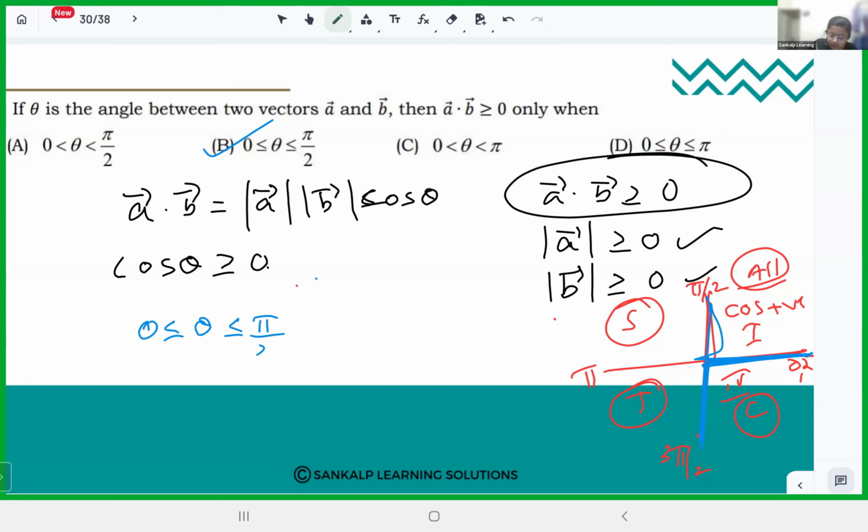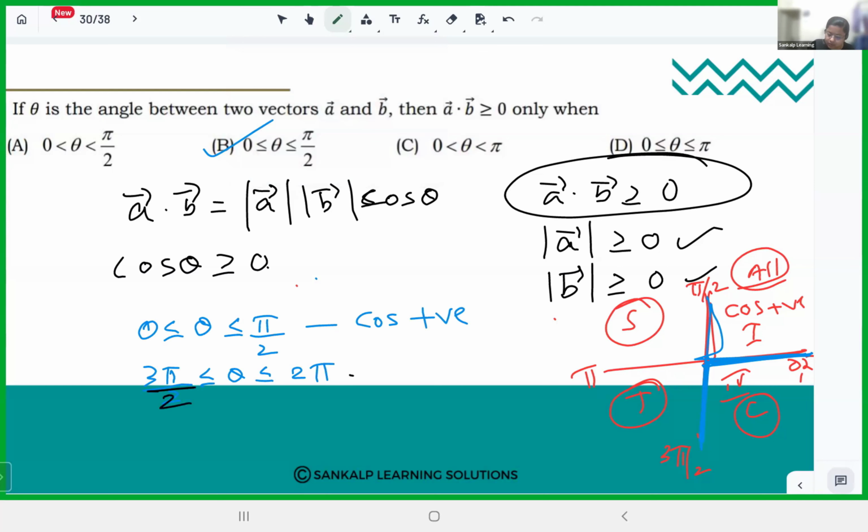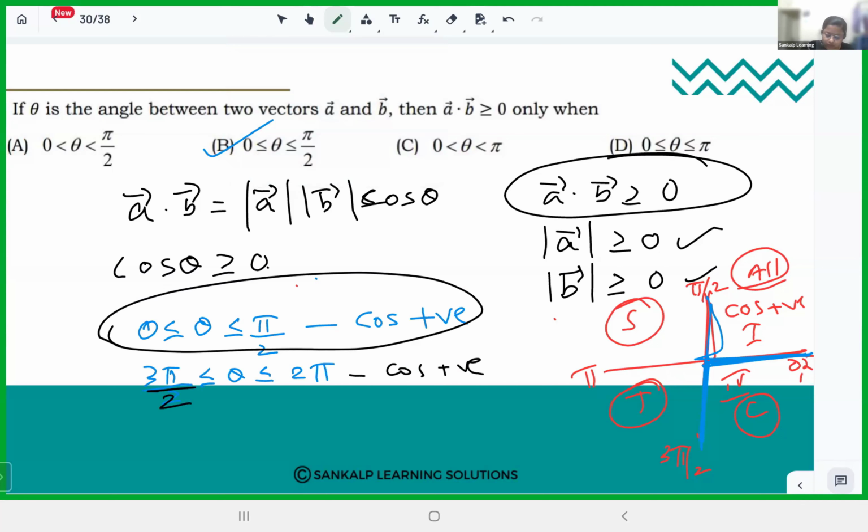In this quadrant cos is positive, and in the fourth quadrant it is 3 pi by 2 less than or equal to theta less than or equal to 2 pi. Here also cos is positive. So from the options given here, it is 0 less than or equal to theta less than or equal to pi by 2. So option B is the right answer.